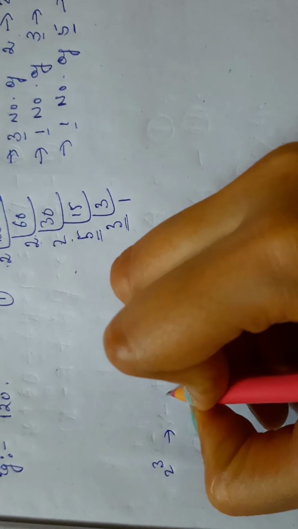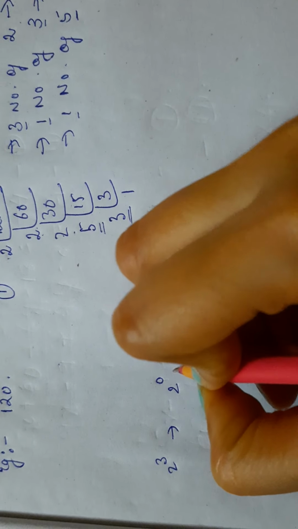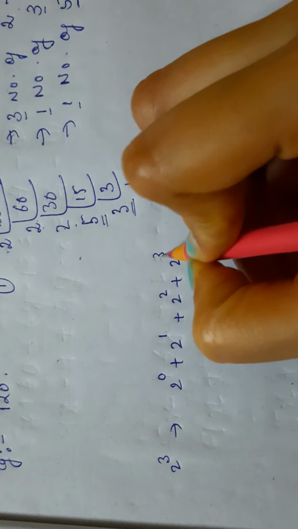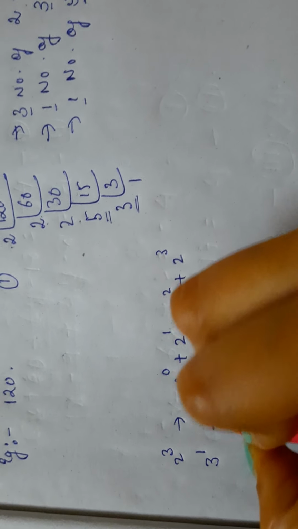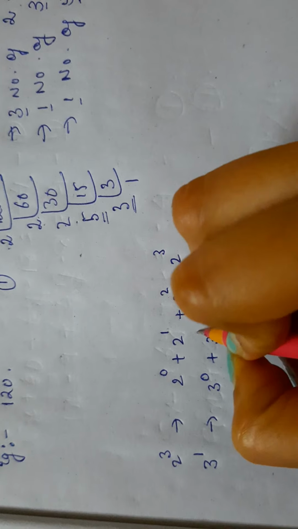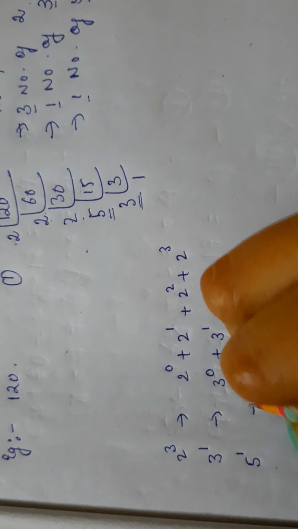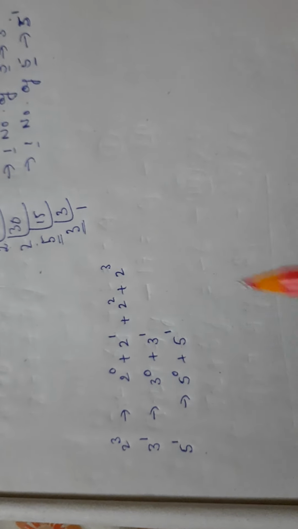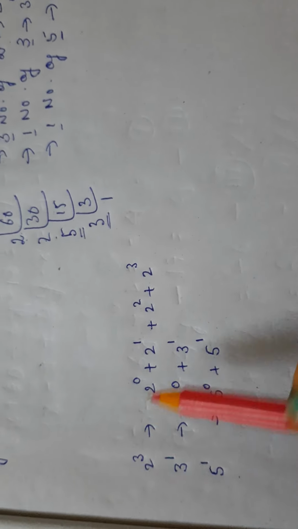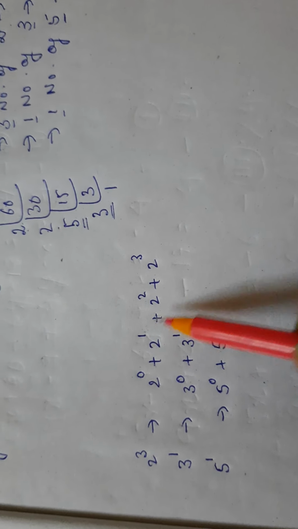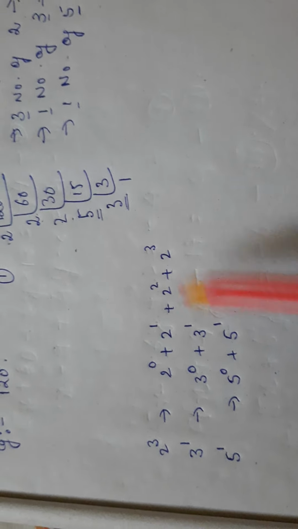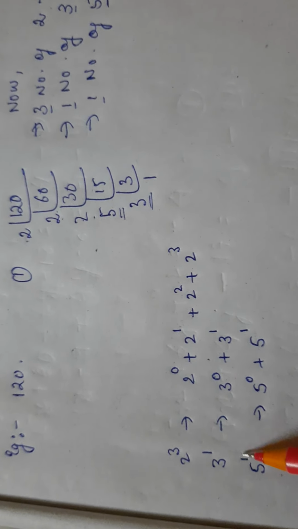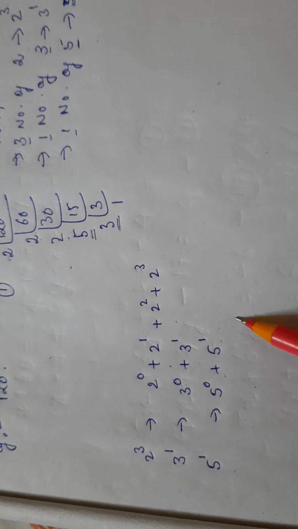So now what we will do, as we got 2 to the power 3, we will write like this: 2 to the power 0 plus 2 to the power 1 plus 2 to the power 2 plus 2 to the power 3. 3 to the power 1 is 3 to the power 0 plus 3 to the power 1. 5 to the power 1 is 5 to the power 0 plus 5 to the power 1.